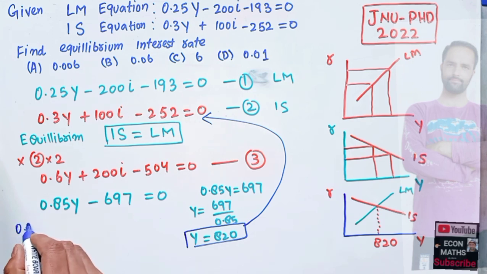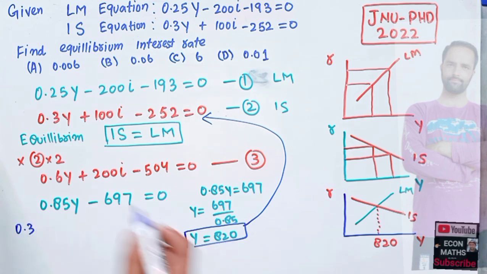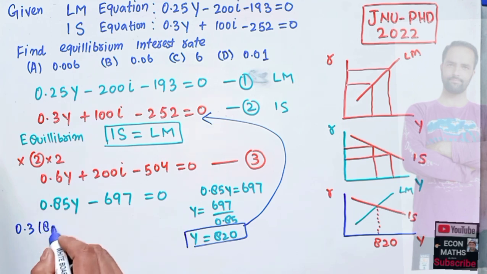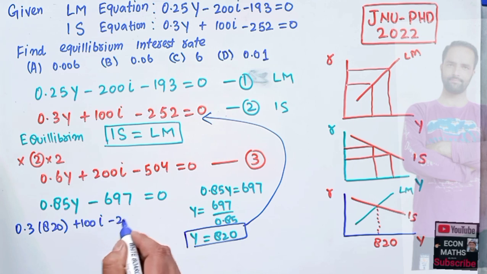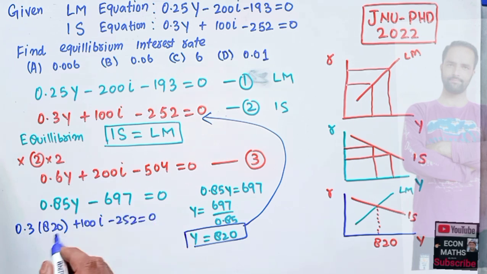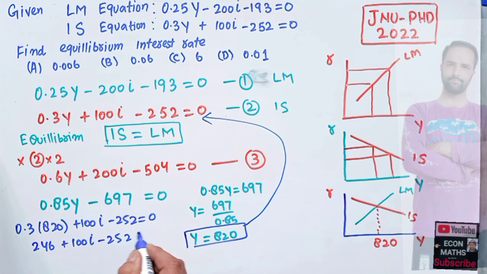So we have 0.3 in place of y, we have 820. So let me write it here, 0.3 times 820 plus 100i minus 252 is equal to 0. So this will become 246 plus 100i minus 252 is equal to 0.